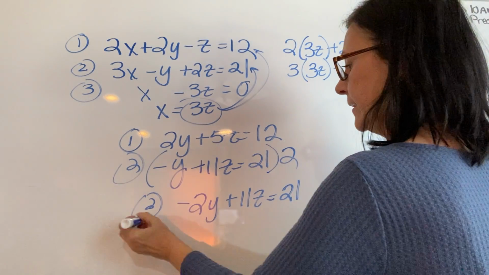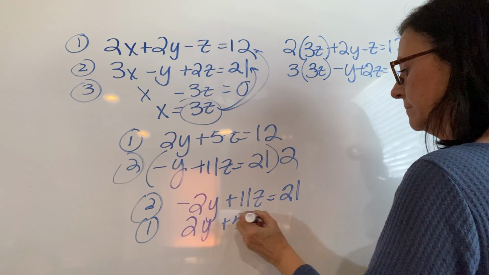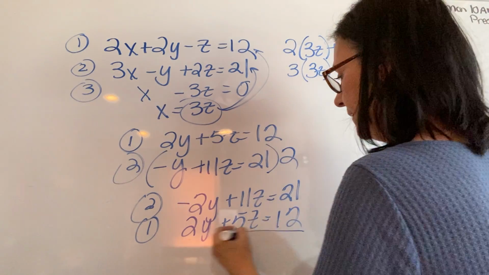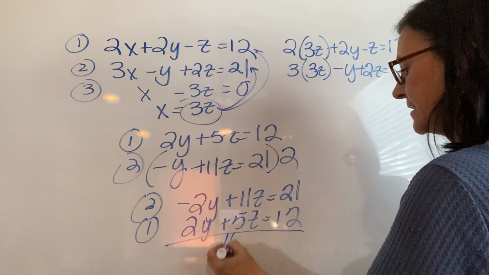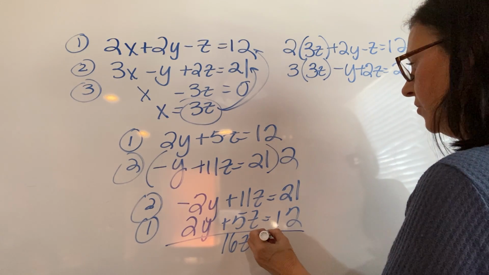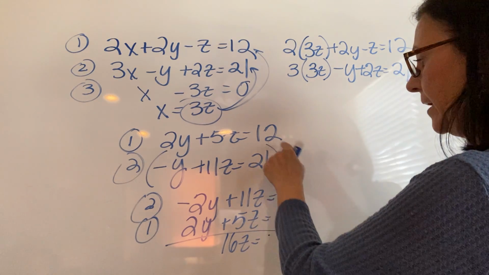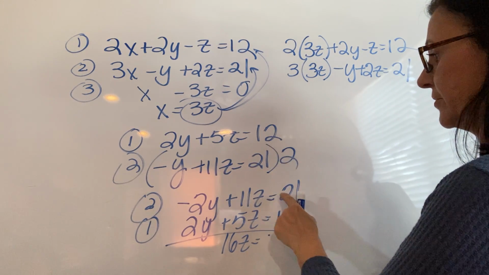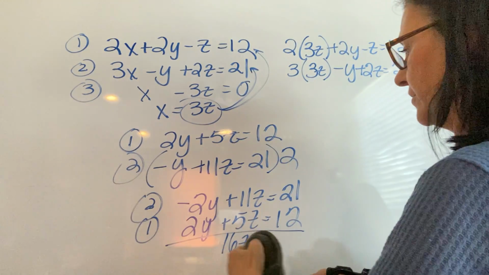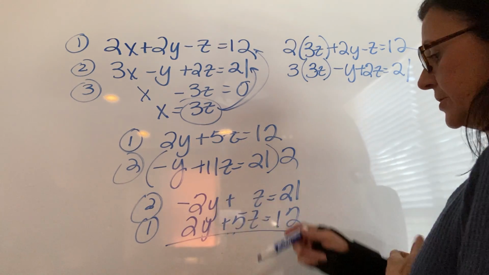I rewrite equation 1 and I add them to eliminate the y. And we're left with 16z is equal, I didn't multiply the 21 by 2 or the 11. I'm just noticing that. This is not right. This should be 22.